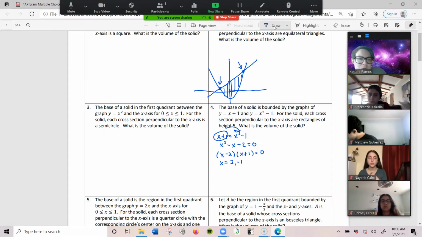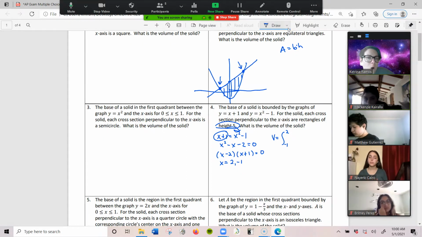Okay. So now our volume is going to equal the integral from negative 1 to 2, always smallest to largest. Now to figure out how to write out the area of this rectangle. It tells you that the height is 5. Remember, area of a rectangle is base times height. So I already have the 5, but I need the base.